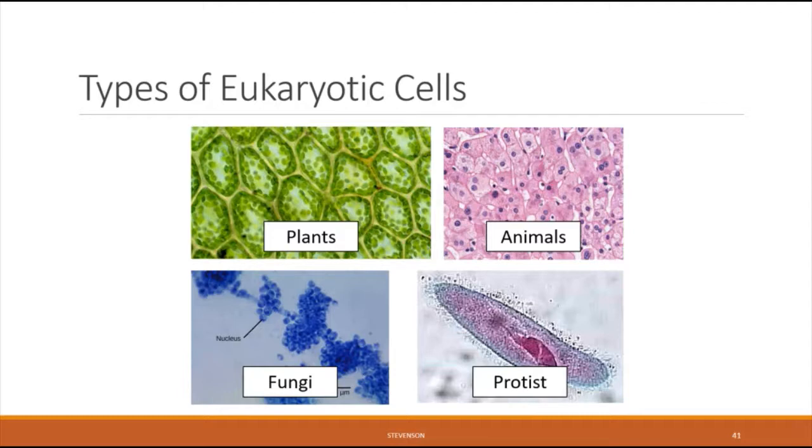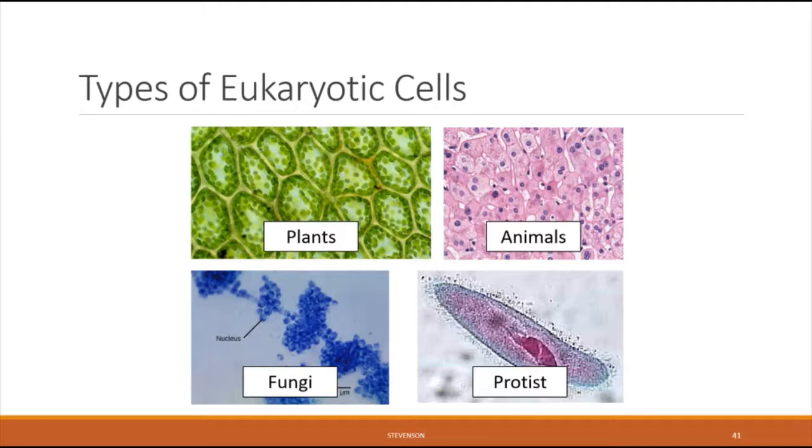So here are the 4 different types of eukaryotic cells: plant cells, animal cells, fungi, and protists. And protists are like single-celled microscopic organisms, such as amoebas, paramecia, stuff that you might see growing in pond water. But these guys are not bacteria. They're actually made of eukaryotic cells.